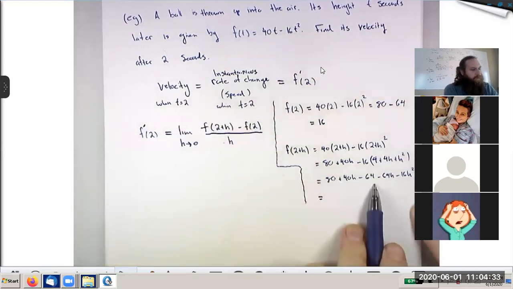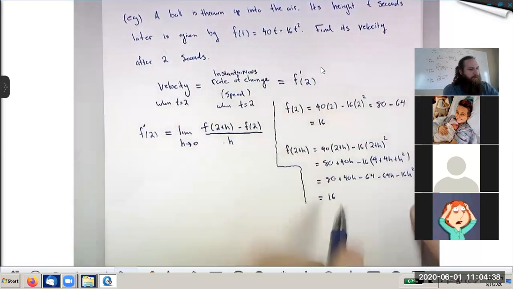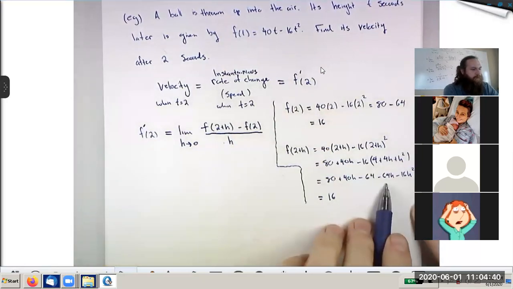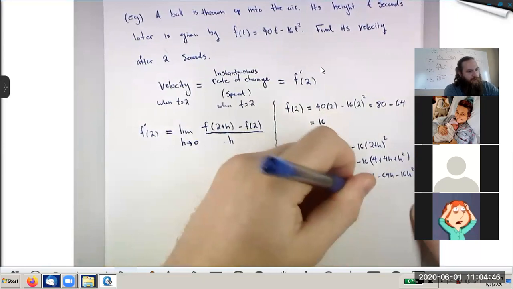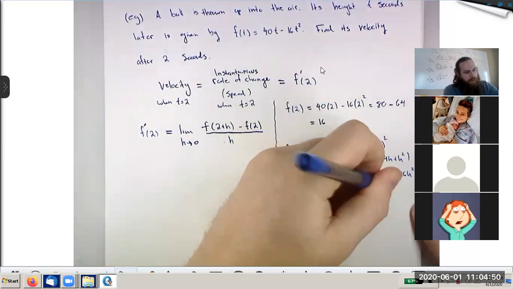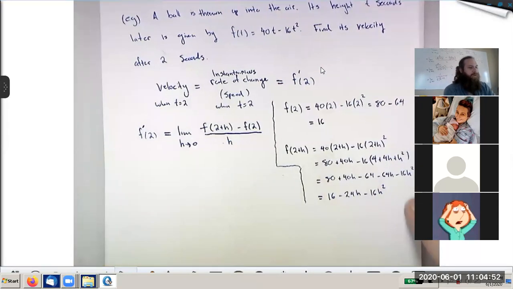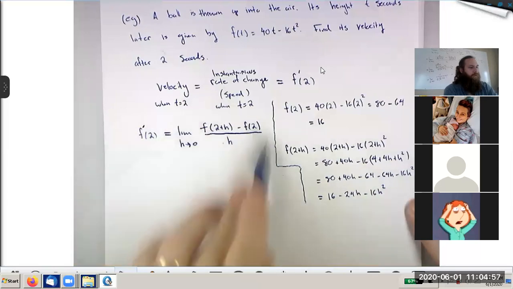I've got 80 minus 64 again, that's 16. 40h and minus 64h, that's minus 24h. And then minus 16h squared. So these are the two things that I need to plug in here and here in this formula for my derivative.